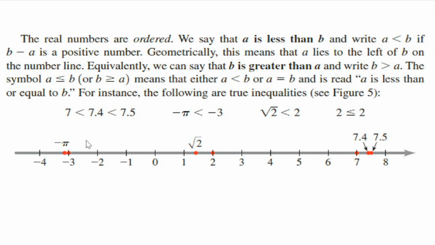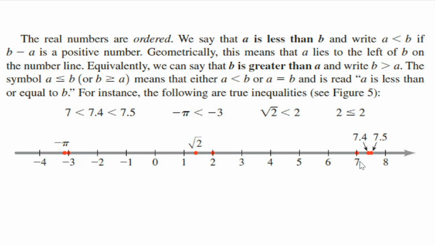Now, let us start with the first example, 7.4 is greater than 7, but 7.4 is less than 7.5. This is our 7 here, and 7.4 is somewhere here, and the other point is for 7.5.